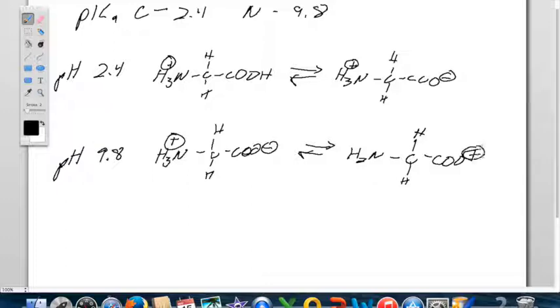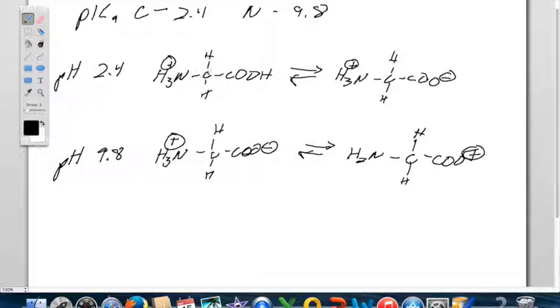So this is a negative charge. So these are the structures that exist. At a pH of 2.4, 50% of the molecules look like this, and 50% of the molecules will be in this protonation state. At a pH of 9.8, 50% of the molecules will be in this protonation state, and 50% will be in this protonation state.